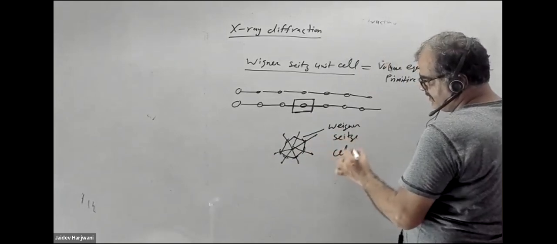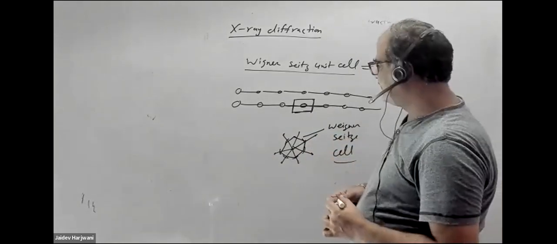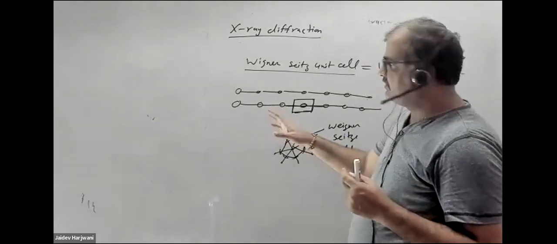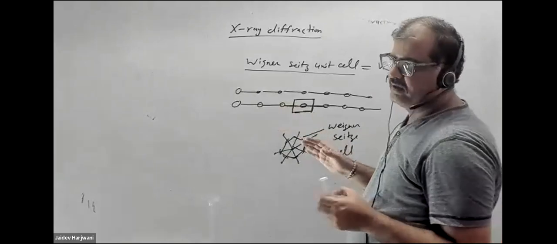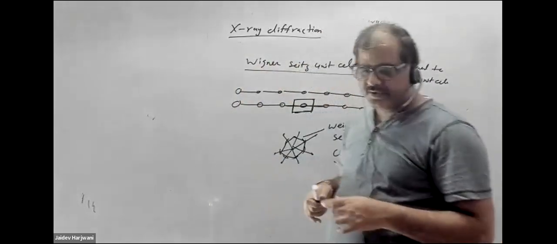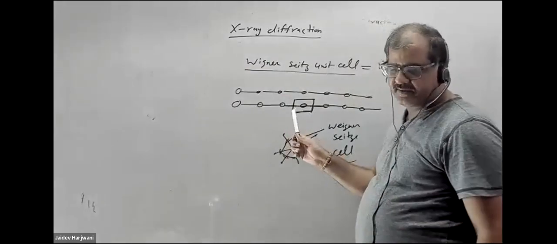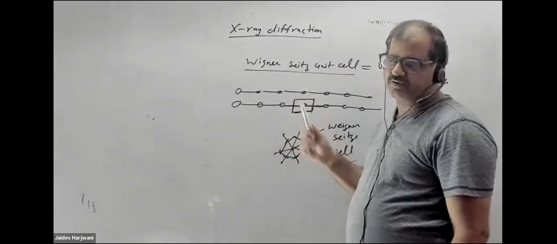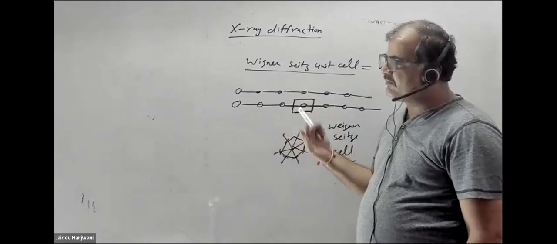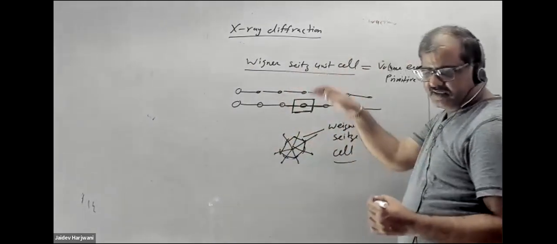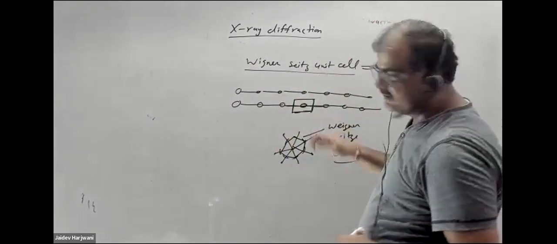Now why is this cell important? When you take the Fourier transform of this lattice and go to the reciprocal lattice and draw the same as what I've drawn here, then this unit cell will be equal to your Brillouin zone. If somebody asks what you mean by this, I wanted to discuss it in the reciprocal lattice, that's why I kept it here.